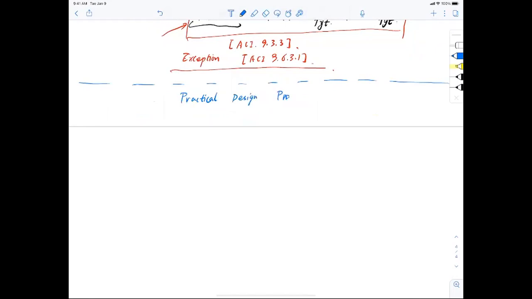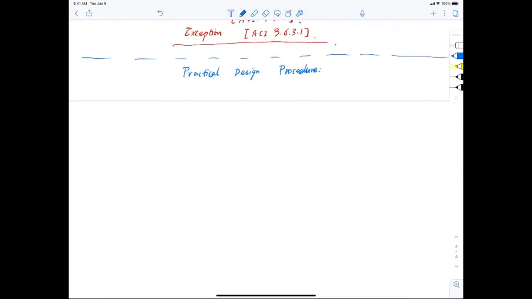Which one should I refer to, and what is the sequence? When you do the practical design, what you actually do is first check whether VS is greater than or equal to VU divided by phi minus VC.